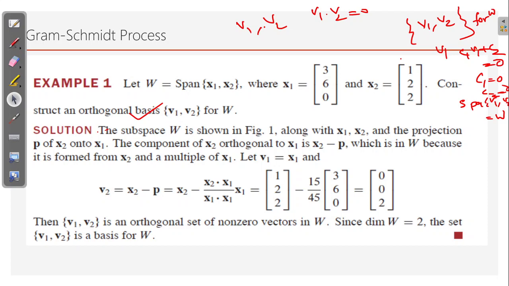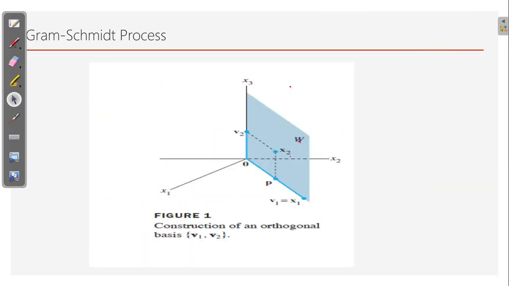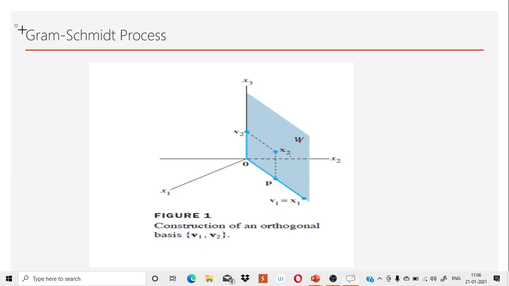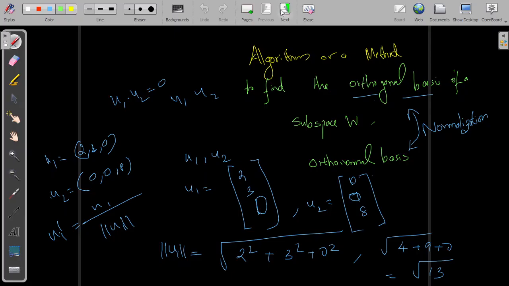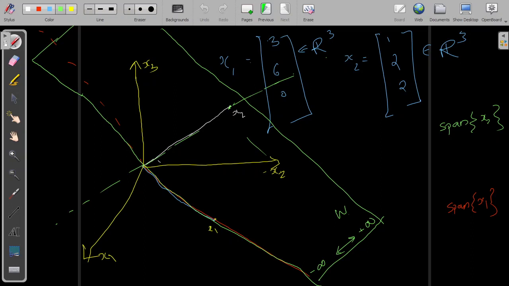That is, p is the projection of x2 onto the vector x1, shown like this in figure 1.